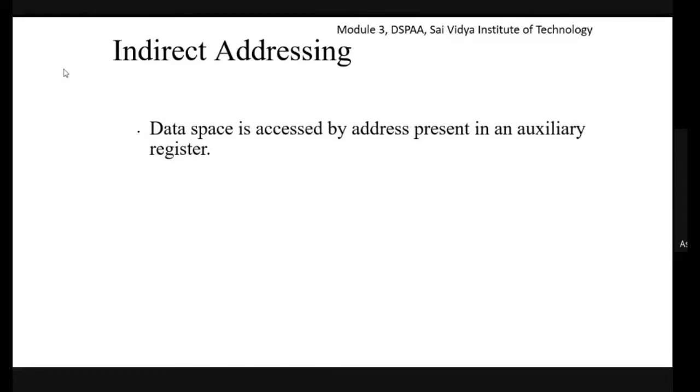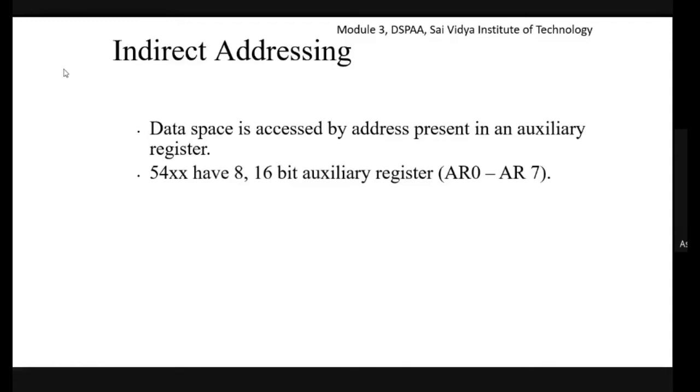In the previous class we were discussing addressing modes, the indirect addressing mode. The data space is accessed by an address present in an auxiliary register. We have eight different 16-bit auxiliary registers, named AR0, AR1, AR2, AR3, AR4, AR5, AR6, AR7.